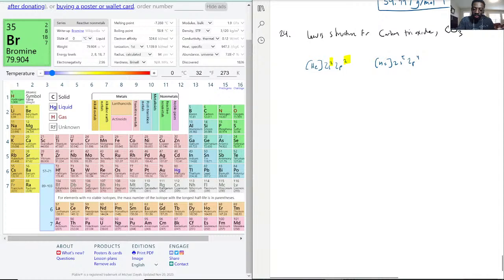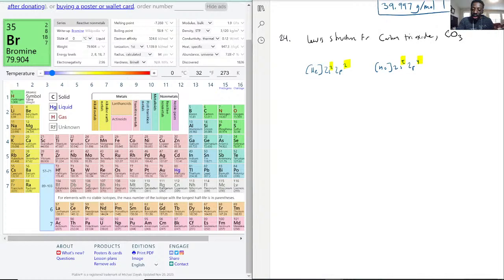Exactly, point being though is that now we know that there's 4 electrons carbon can work with, and 6 electrons oxygen can work with. So that's 4, 6 times 3. So that's going to be 18 plus 4, 22 electrons.